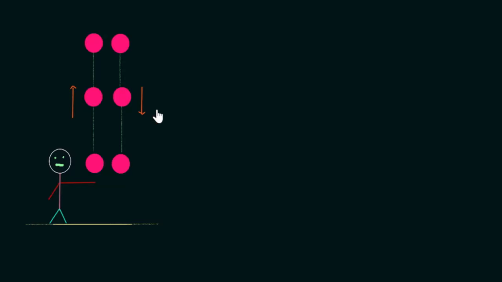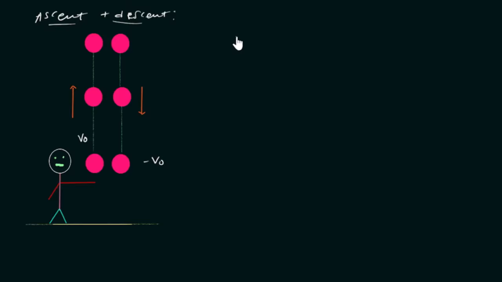Now I am going to consider this case as a single journey, ascent plus descent. So I can name this topic as ascent plus descent. Here you can see that initially the velocity of the object is v naught, and the final velocity of the object when it comes back is minus v naught.